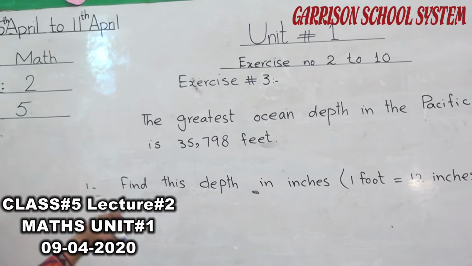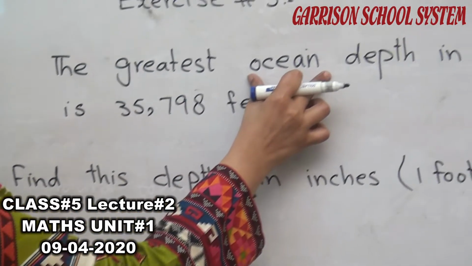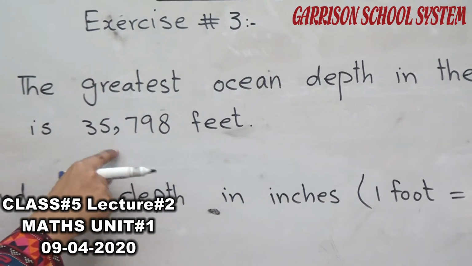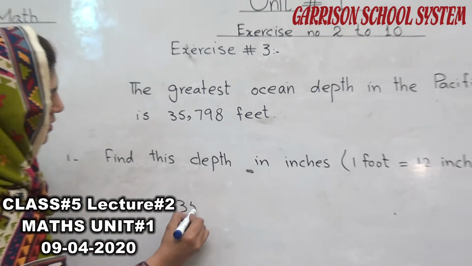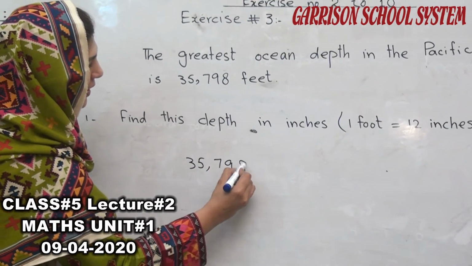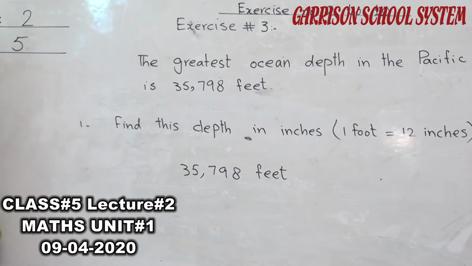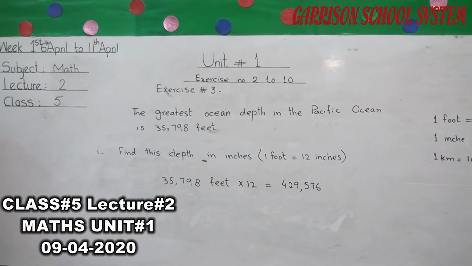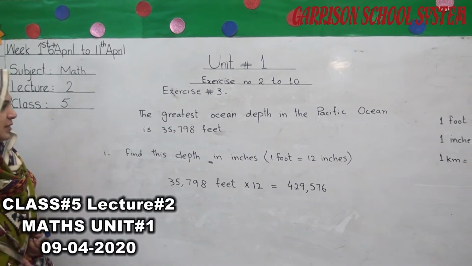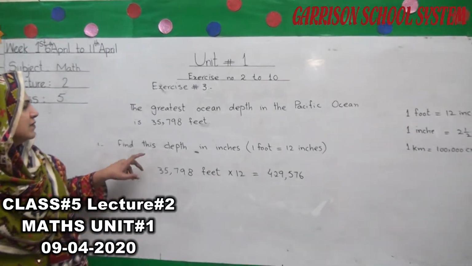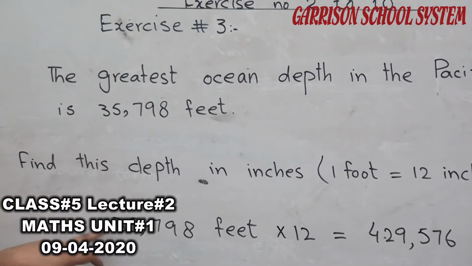Students, find the depth of the ocean, which is 35,798 feet. Students, we have the depth of the ocean, 35,798 feet.